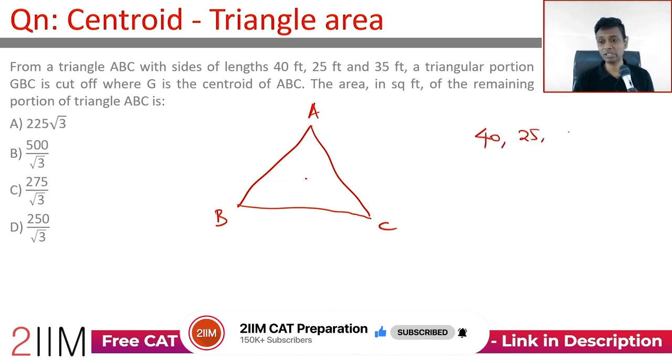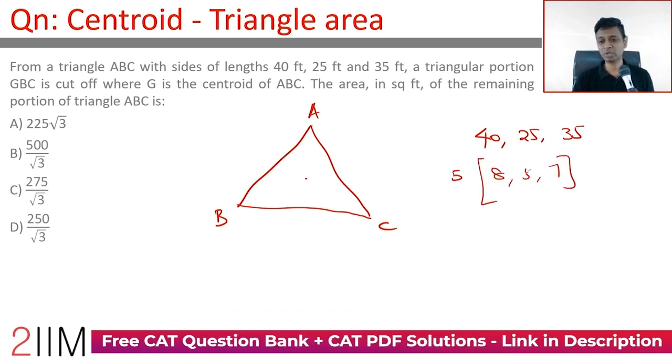Fine. So 5 is common. I'm going to take out that 5. The ratio is 8, 5, 7. So whatever I find, I'll find for 8, 5, 7 and then incorporate this 5 later on. So 8 into 5, 7, 5 into 5, 7 into 5. And I'm going to think of this as an 8, 5, 7 triangle.